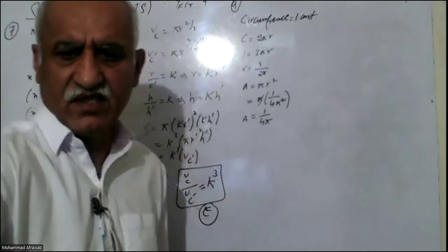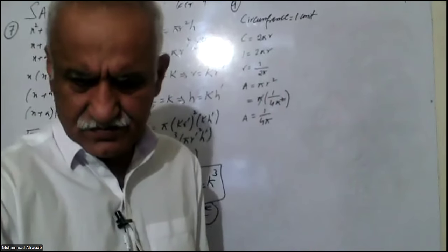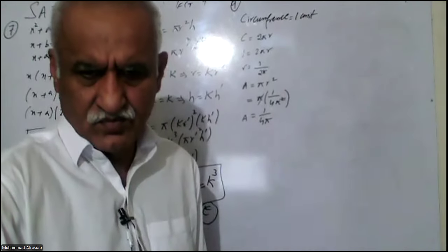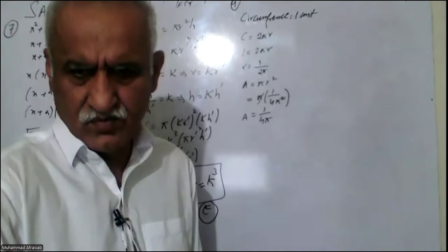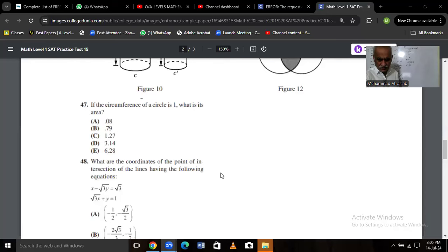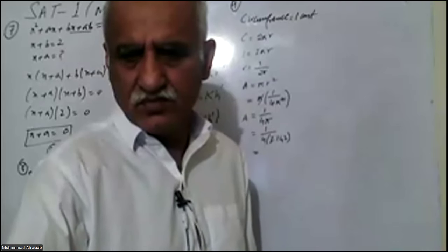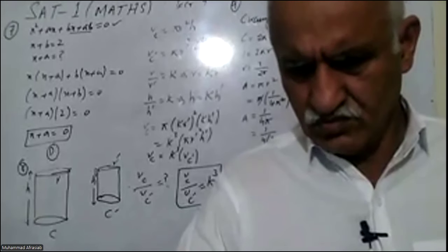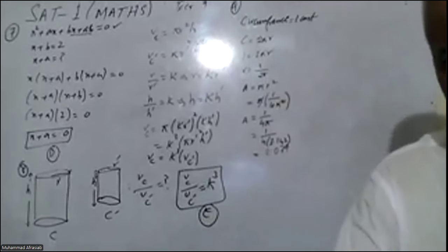So we have to look at the answers. The pi value is given there, so it should be equal to 1 over 4 into 3.142, which is 0.079.